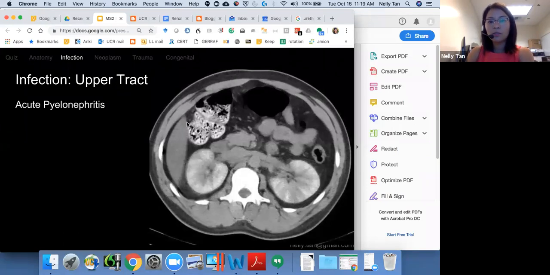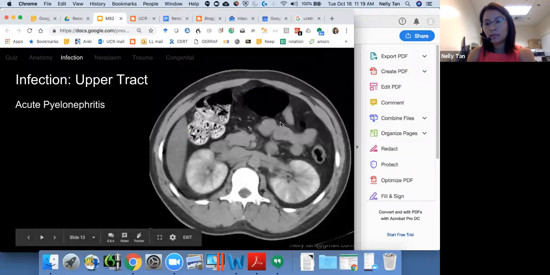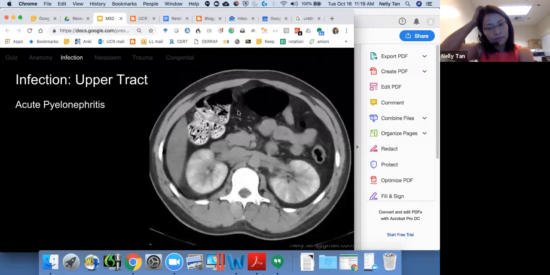So what kind of imaging study is this? CT, good. And is it with or without contrast? With contrast, good. And why do you say it's with contrast, Nilik? The kidneys look like they're lighting up. Yeah, exactly.